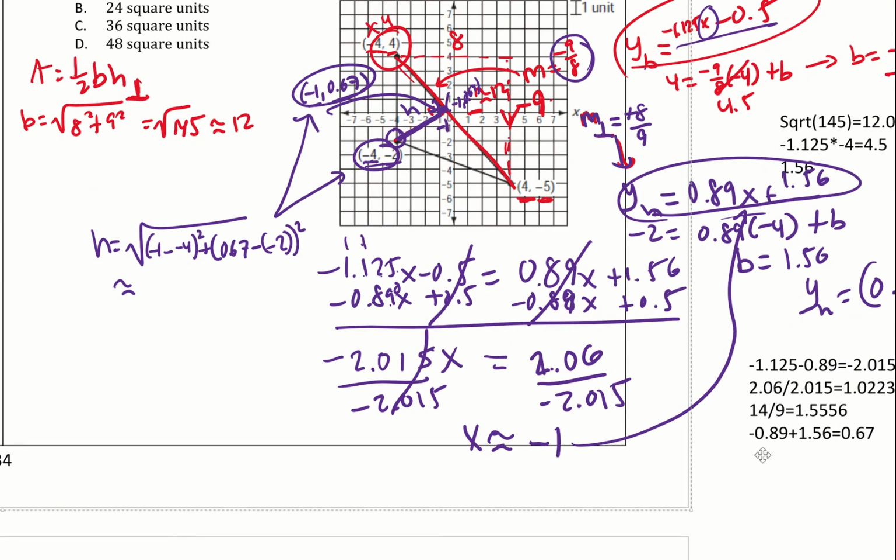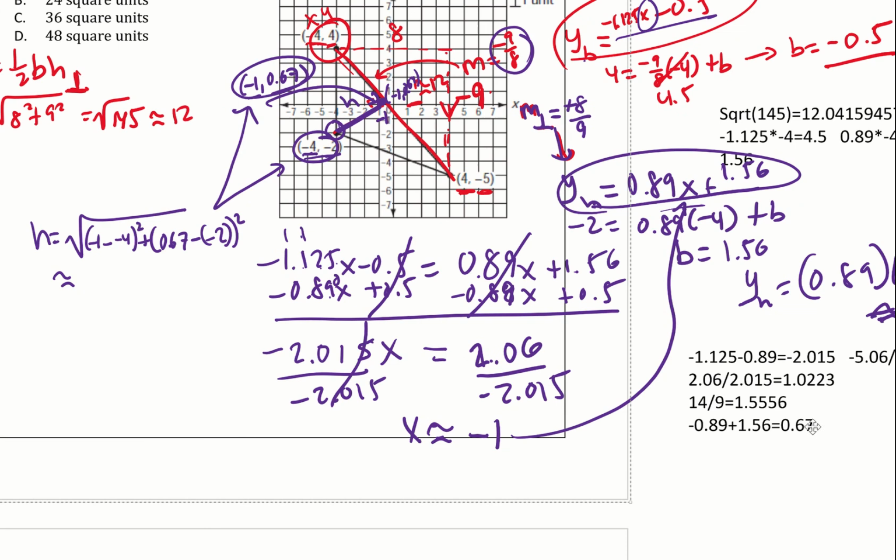I'm going to do this over here. So we get the square root. And this is going to be -1 plus 4 is just 3, so it's going to be 9. I'm just doing some mental math here.